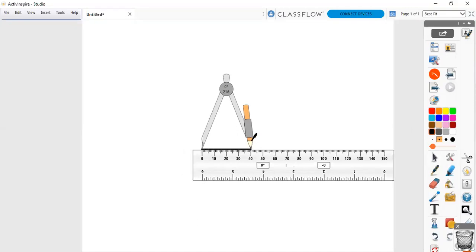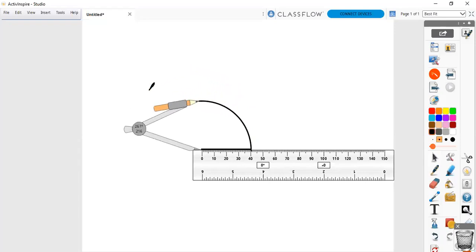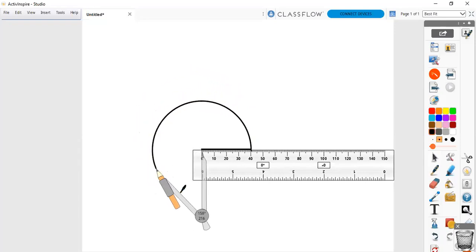Now, as you have completed the radius, use this protector and try to draw one circle. Try to complete the circle by rotating your protector 360 degrees like this.